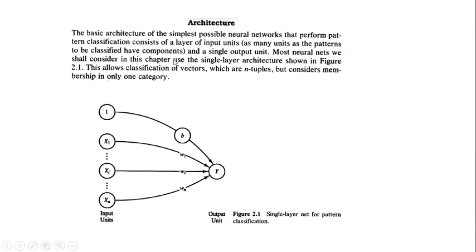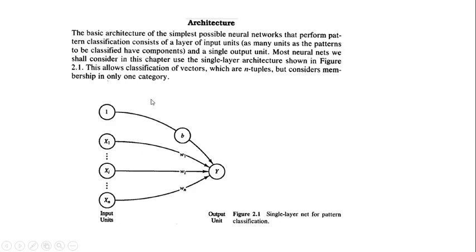Most neural nets we shall consider in this chapter use the single layer architecture shown in figure 2.1. This allows classification of vectors which are n-tuples but considers membership in only one category. So this is the simple neural net with only one layer.